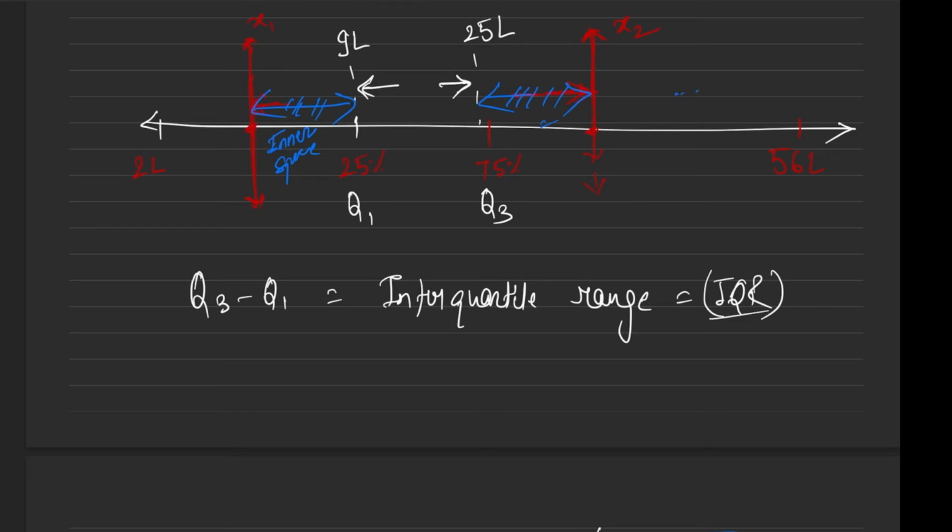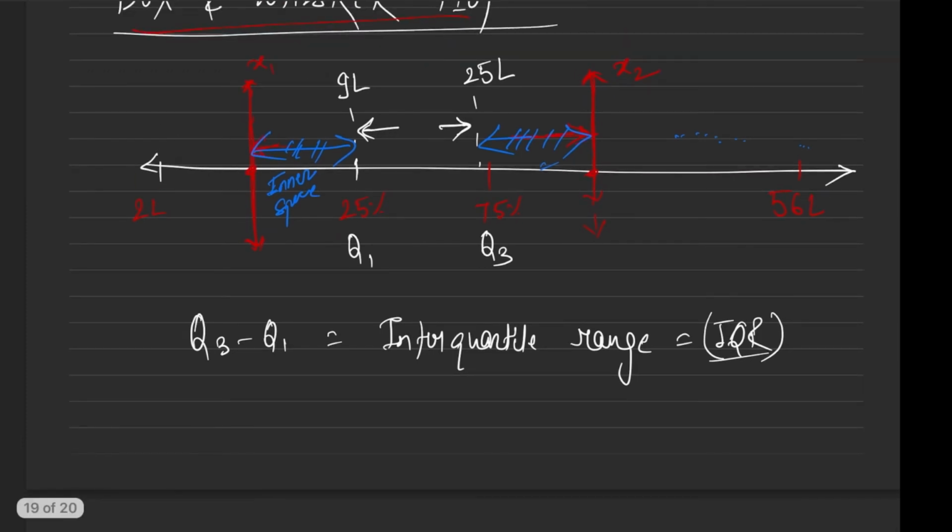Now if some data point is still outside here, like let's say 56, and you want to increase your range and see how many data points are still outside that range, you can plot y1 and y2.